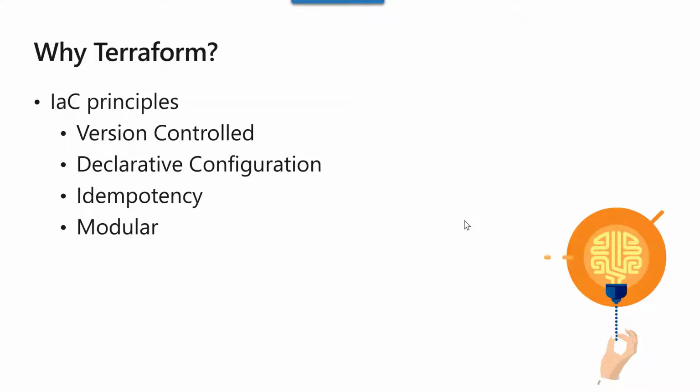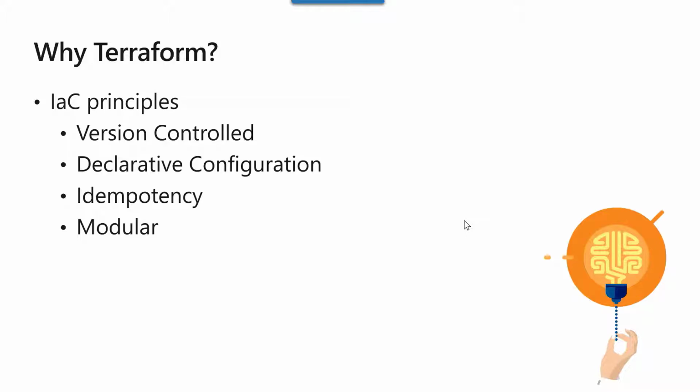And then when it comes to declarative configuration, we don't necessarily tell how it needs to be done. Instead, we just specify that you need a virtual machine with so-and-so subnet, which is in the virtual network that you specified, and which is in the resource group that you specified. That's all, right?